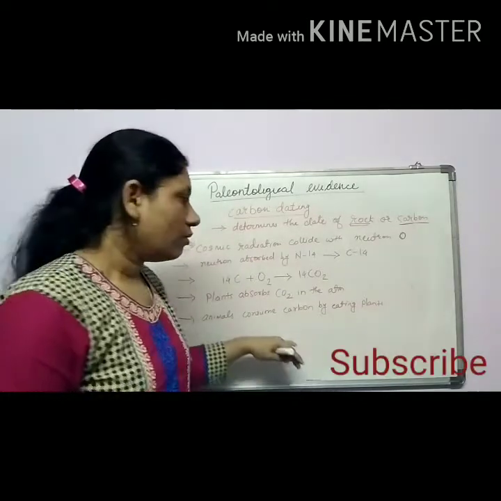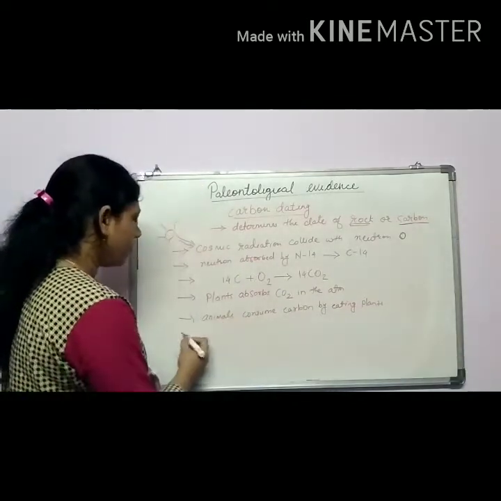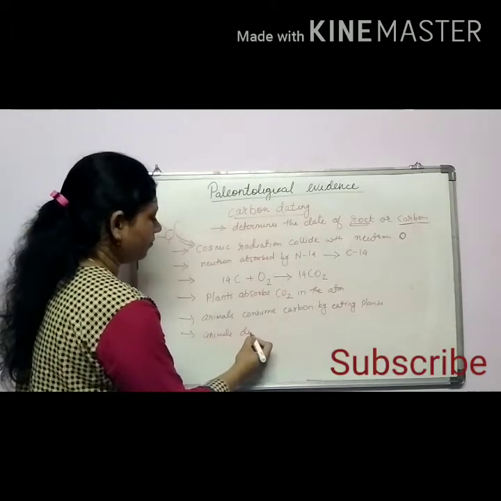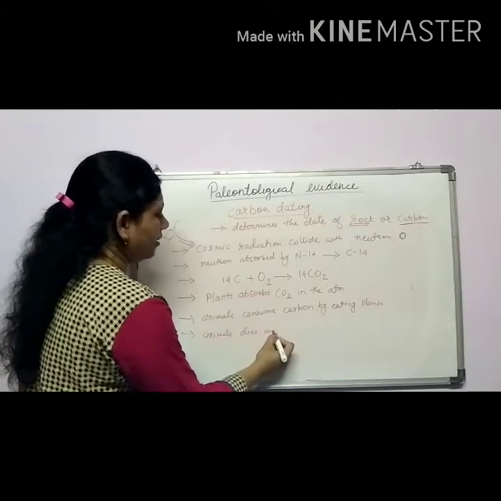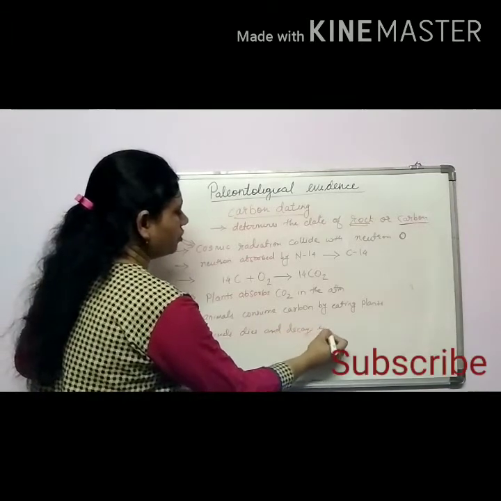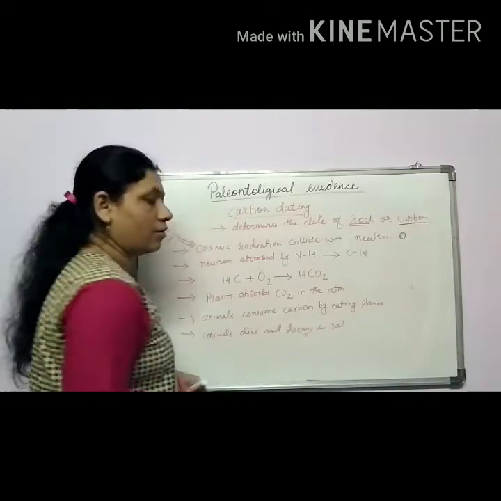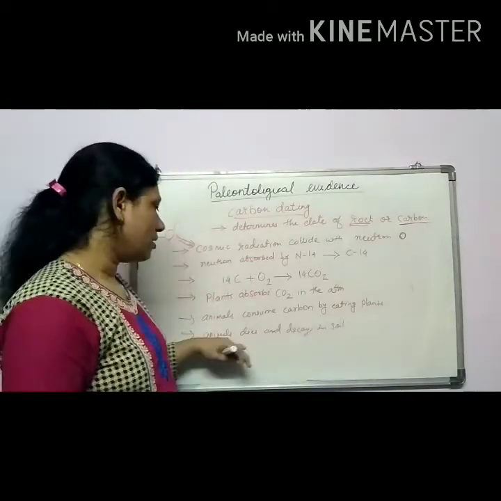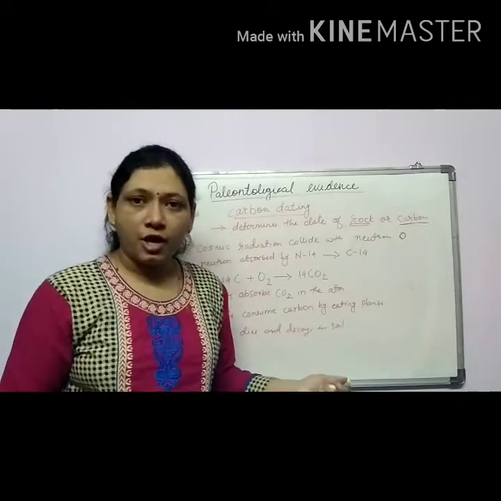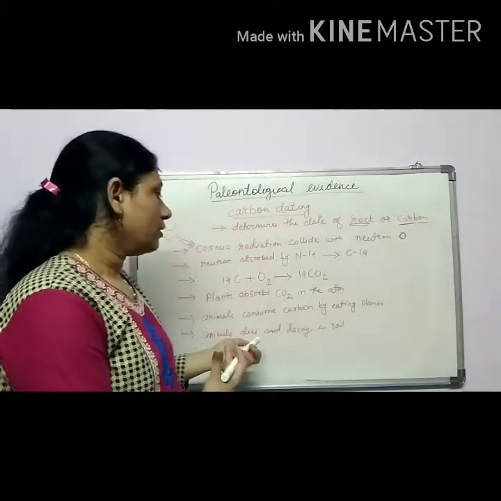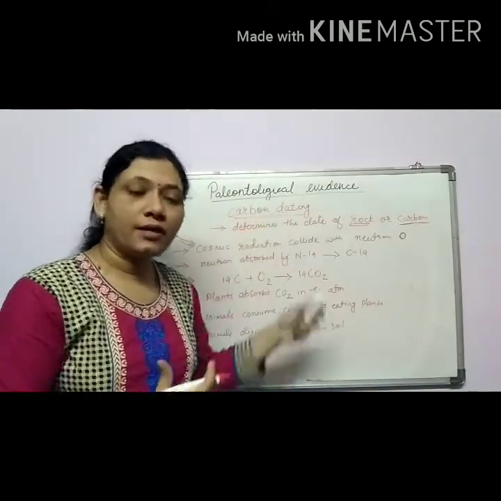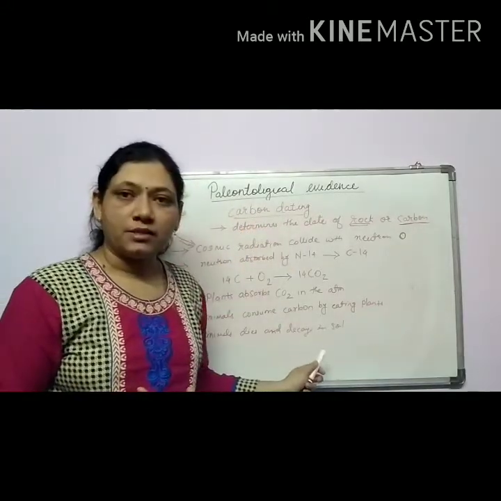Okay, so afterwards what happened? The animal dies and decays in soil. Okay, these animals decay in the soil. So this can be dated because of the carbon content in the animals.